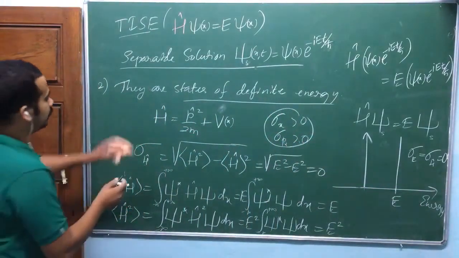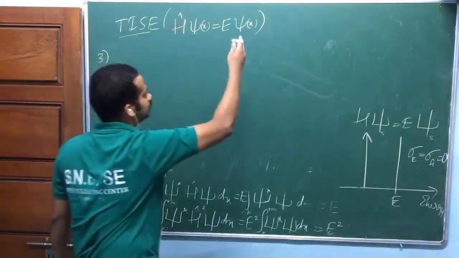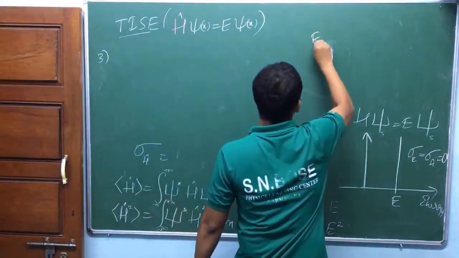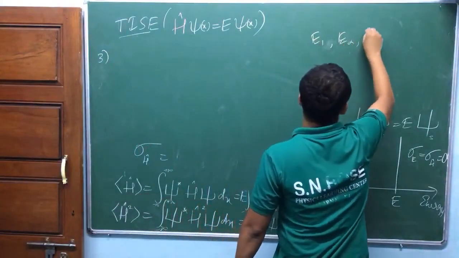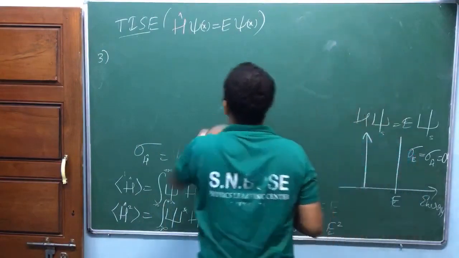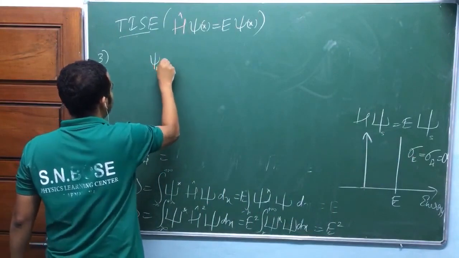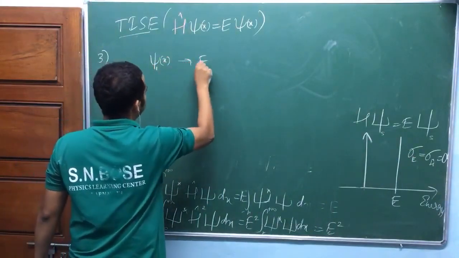Quickly, next one again. Now look at here. What will happen in this case while solving this? You will get different energies E1, E2, E3 and so on, with corresponding different wave functions. Let me write like this. You will get one wave function psi1 of x corresponding to energy E1.